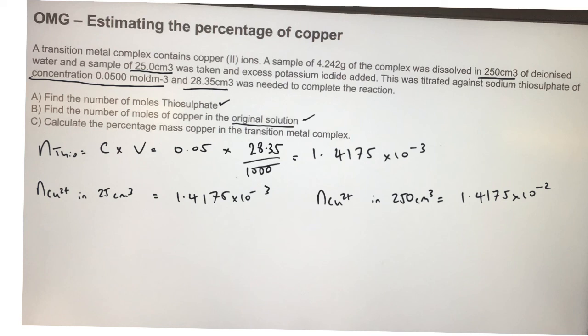My next job is to calculate the percentage mass of copper in the transition metal complex. I know my total mass there, but I am yet to know what my actual mass of copper is.